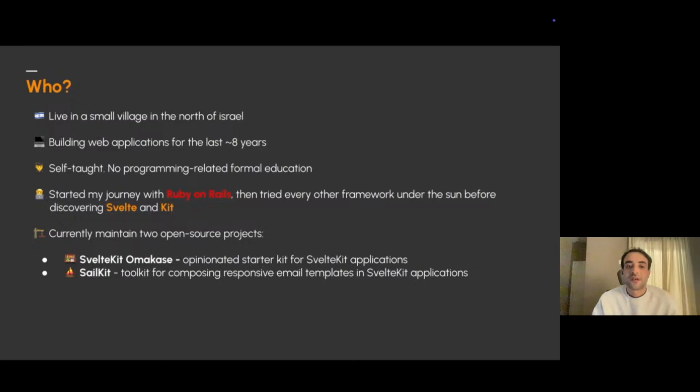I currently maintain two open source projects. The first one is SvelteKit Omakase, which is an opinionated starter kit for SvelteKit applications. And we'll talk about some related things to this opinionated bit in a second. And the second one, which we will talk about today, is SailKit, which is a toolkit for composing responsive email templates in SvelteKit applications.